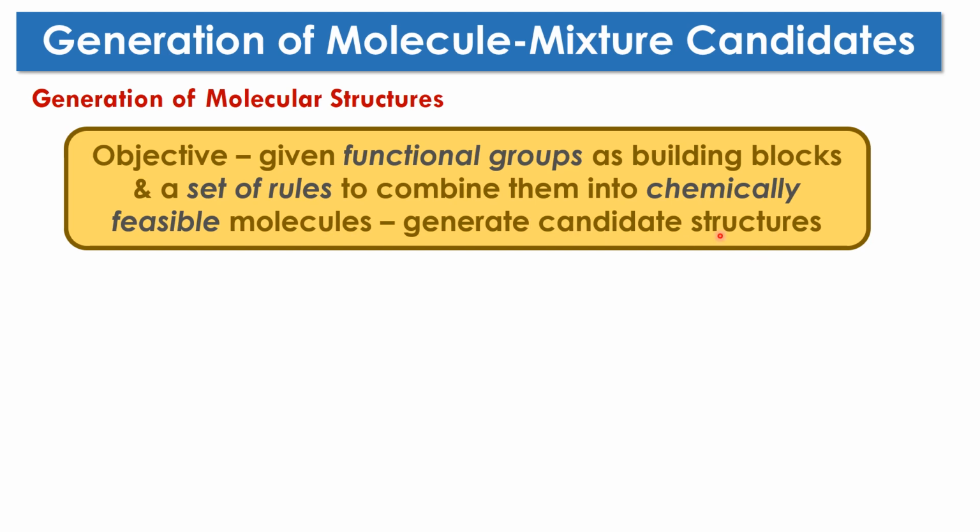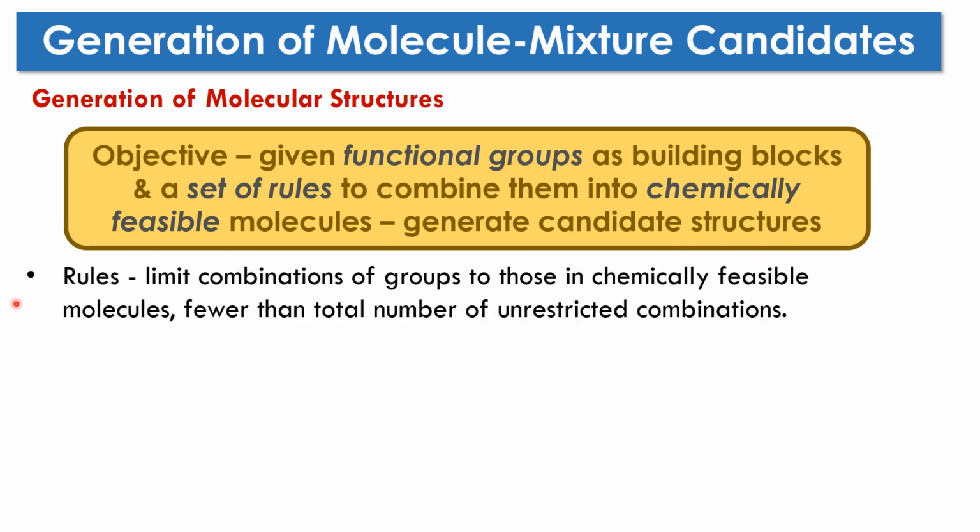The rules are implemented to limit the combination of groups, so that only those which are chemically feasible molecules can be generated. And of course, the number of feasible molecules would be fewer than the total number of combinations where there is no restriction.